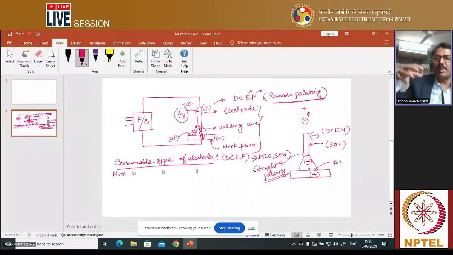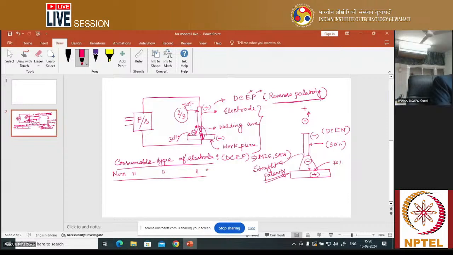That means the electrode melts, creates droplets, and they are deposited. That's why in case of consumable electrodes, DCEP, or reverse polarity, is more preferable. Whereas in a non-consumable electrode, you need your electrode not to melt. That means in the electrode zone less heat should be generated. That's why around 1/3 heat is generated in which case?